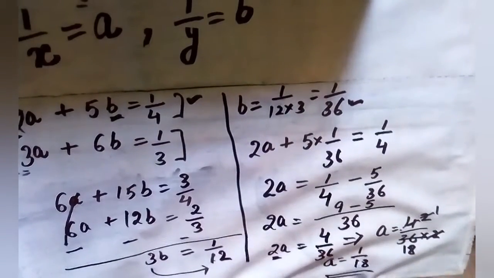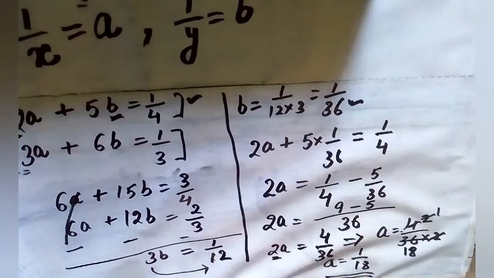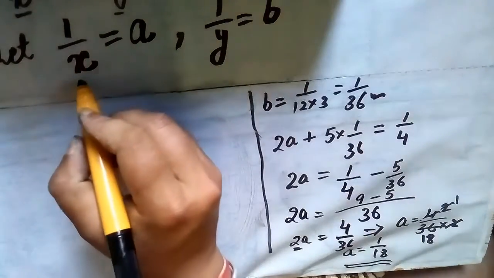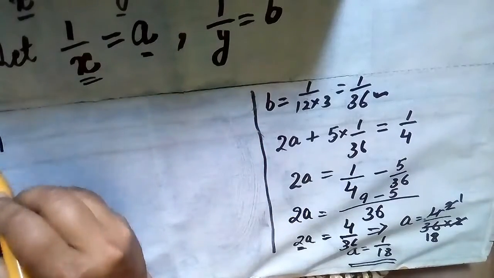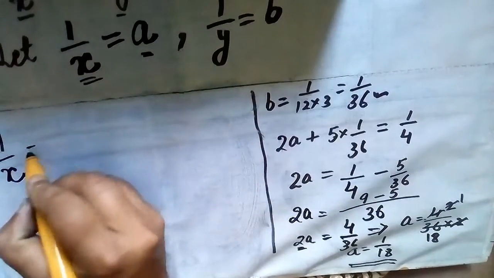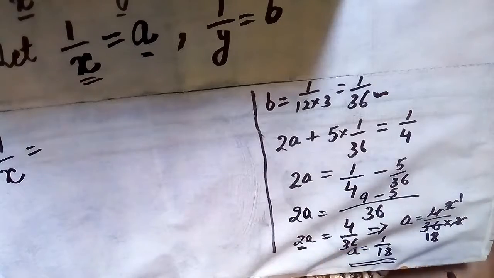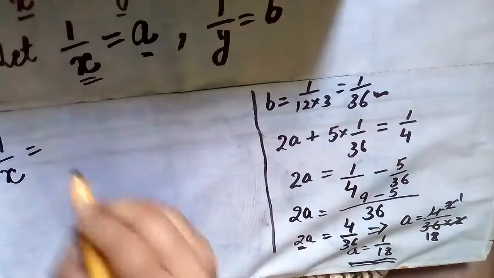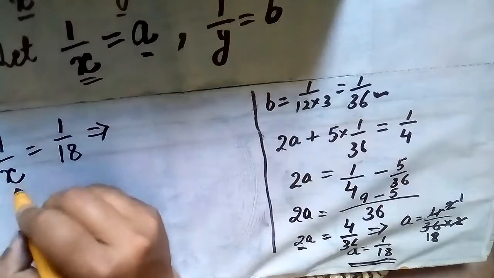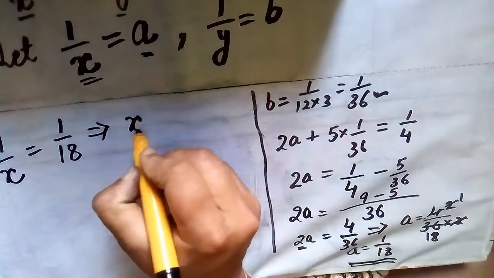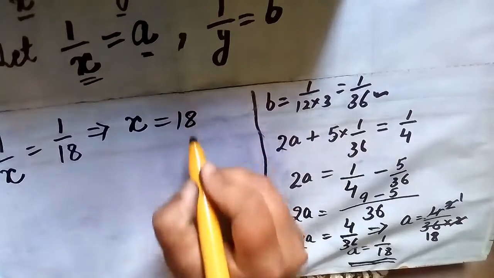Now come back to your substitutions. You took 1 upon x equals a, and therefore 1 upon x equals 1 upon 18. Take reciprocals, x equals 18.